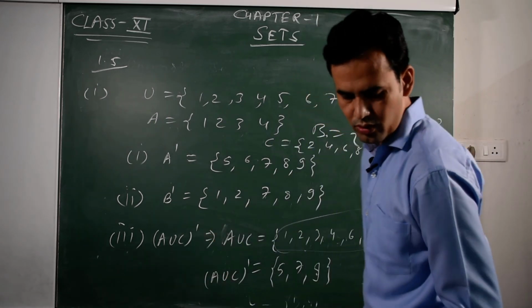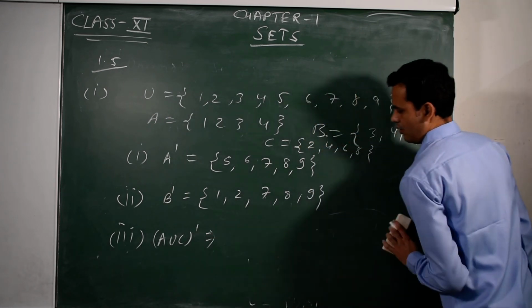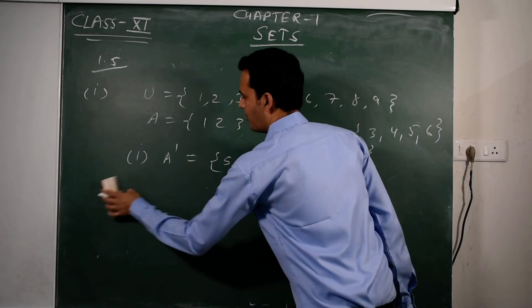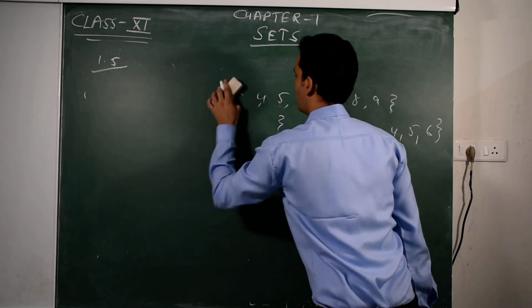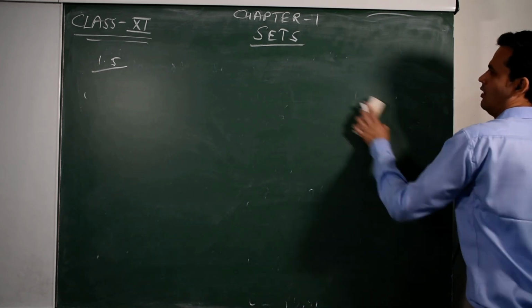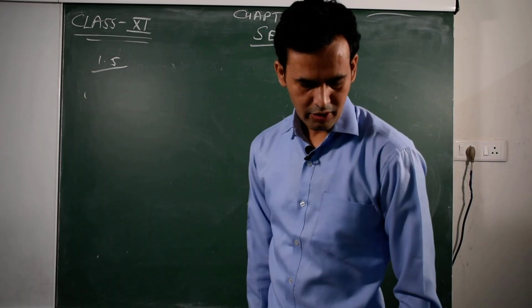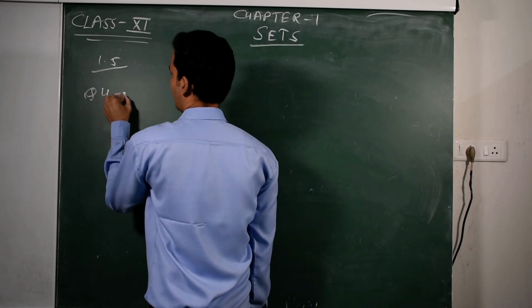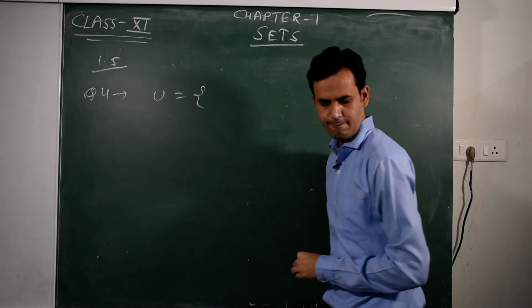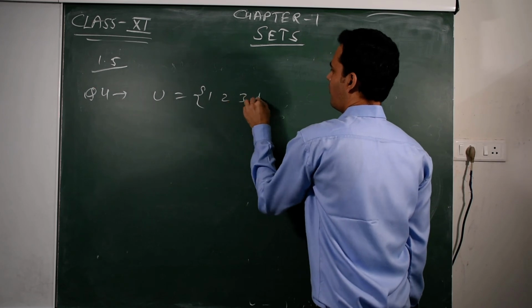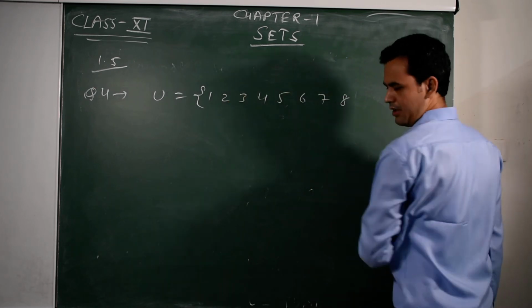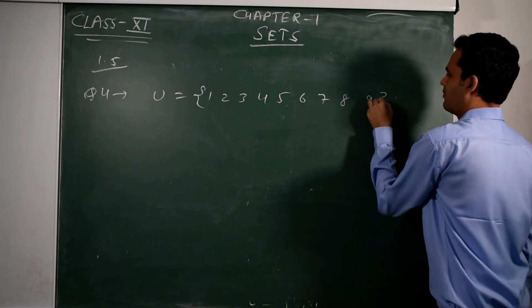Okay. So similarly you can find the remaining questions. You can solve the remaining questions easily. Now question number 4, U is given as 1, 2, 3, 4, 5, 6, 7, 8 and 9.